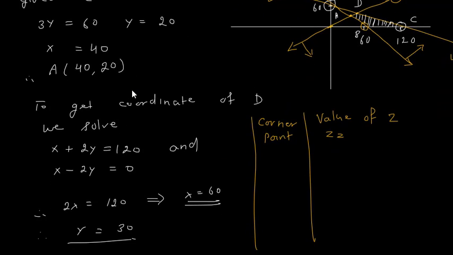Z is equals to 5x plus 10y. Now corner point, I have point A which is 40, 20.